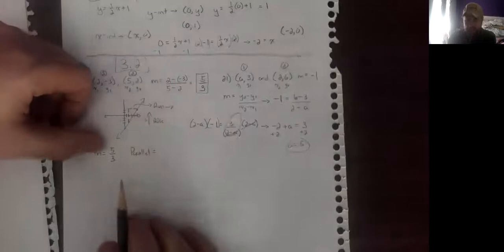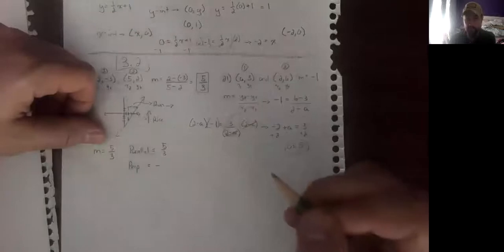I don't really have anything else. Well, just know, like let's take number 12, we solved, the slope was 5/3. Any line parallel to that will have a slope of 5/3.